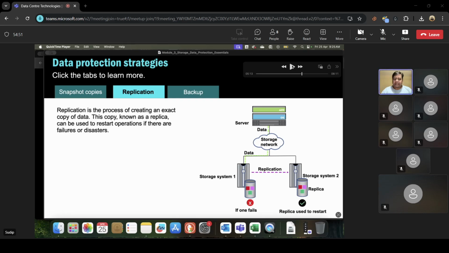But there are certain assumptions and considerations for replication. Primarily, replication happens only between similar storage types. Which means if I have a NetApp storage system as my source, NetApp can only do storage-level replication to another NetApp box, not to HP, not to Huawei, not to Pure, and so on.